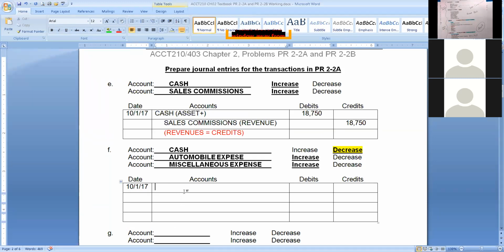Okay, so automobile expense was some number, 1580.